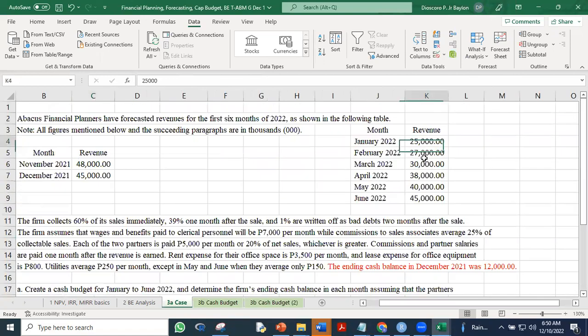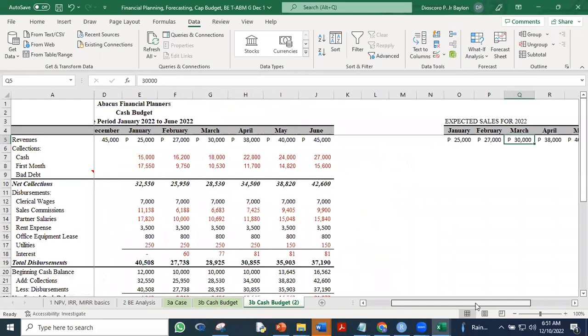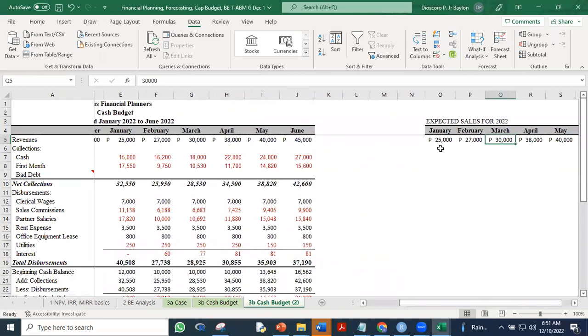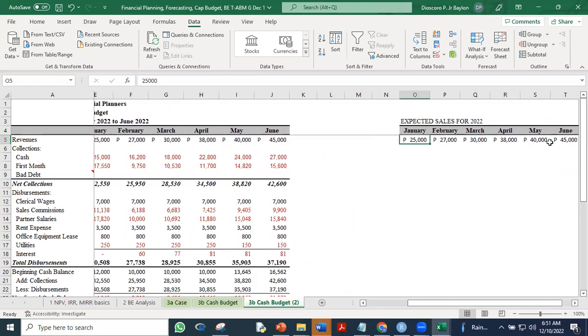So this is 25, 27, 30, etc. Now, for the cash budget, we will create scenarios where the revenues, this is the sales, will be, the base case is that it's 100% of this. So it's as expected. This is our expected sales for 2022.